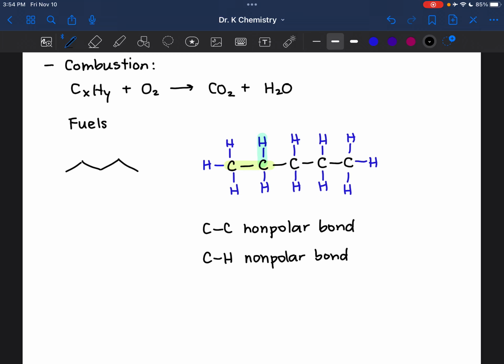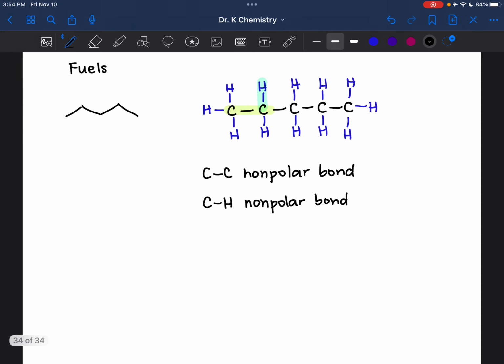We said that in order to be a polar molecule, it has to have at least 1 polar bond. And if it doesn't have any polar bonds, it's automatically nonpolar. Notice that this alkane doesn't have any polar bonds. So this is a nonpolar molecule. And the only intermolecular force it has as a nonpolar molecule is dispersion. So only dispersion interactions are present in alkanes.